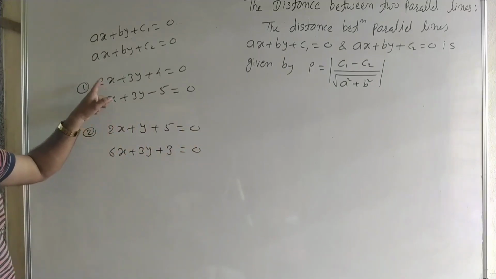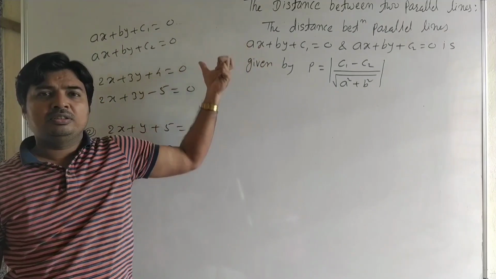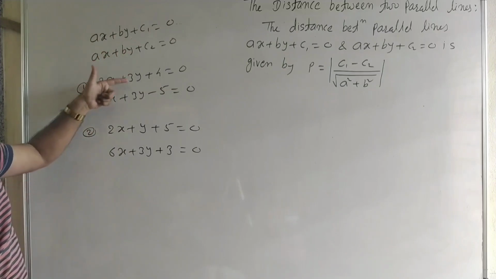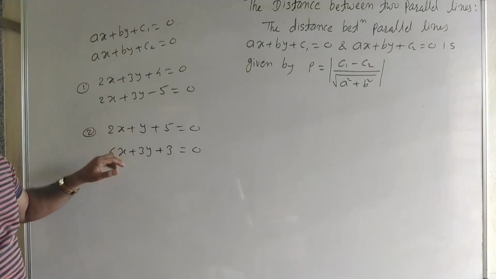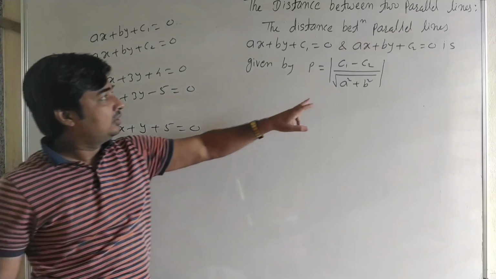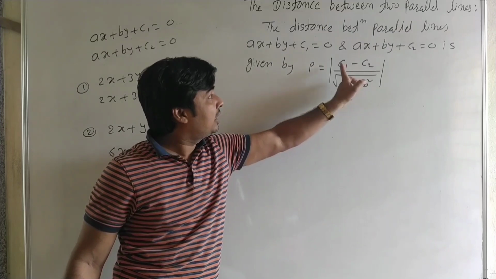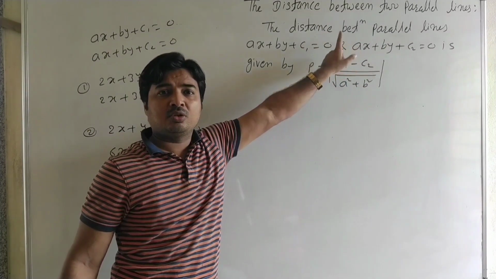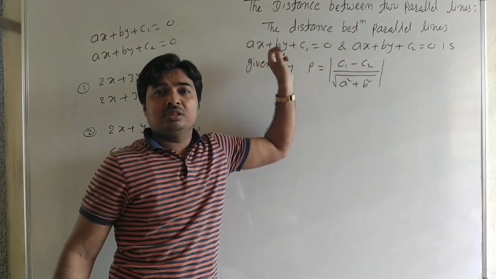If the lines are parallel, then the values of a and b we take the same. Here the values are different, therefore in the formula a square plus b square, and c1 minus c2, c1 from the first line and c2 the constant from the second line, a and b must have the same value in both equations.